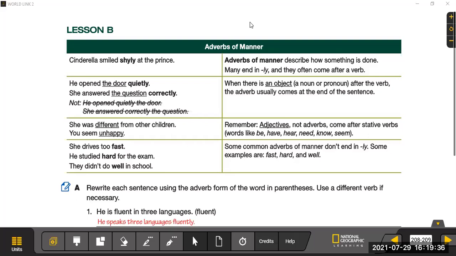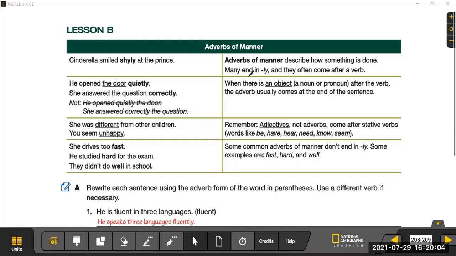Okay. Why do we use adverbs of manner? We use them because we want to express how an action is done. If you are cooking, I can use an adverb of manner to express how you are cooking. If you are running, I can use an adverb of manner to express how you are running.